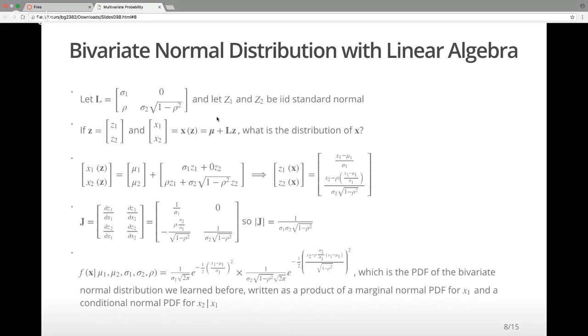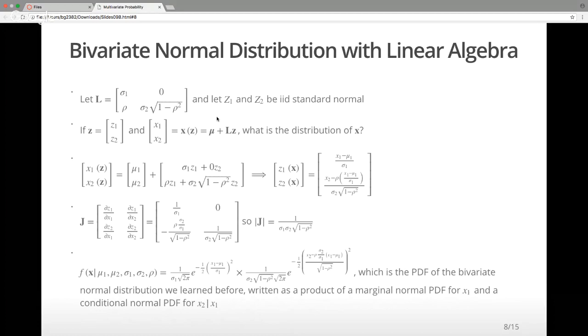I forgot my mu2 again, but it's also there. Take sigma 1 times sigma 2 times 1 minus rho squared, break it up a little bit, put the sigma 1 over here, put the sigma 2 times 1 minus rho squared. And if I hadn't made a typo by omitting the mu2, we would have the PDF of the bivariate normal distribution that we learned before, written as a product of a marginal normal for the first one and a conditional normal for the second one, given the first one.